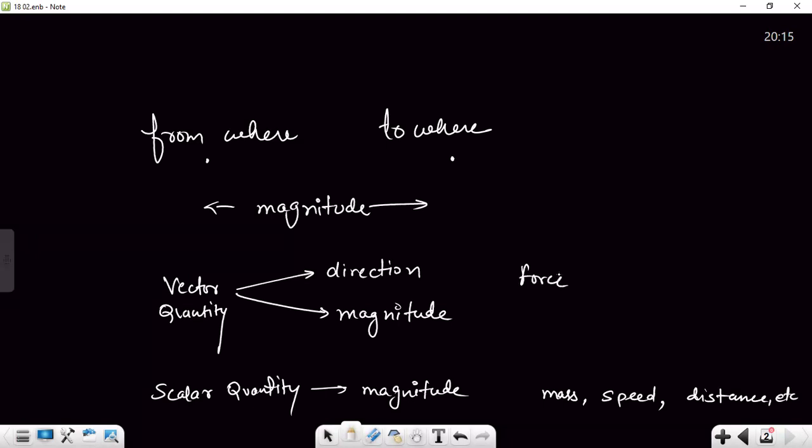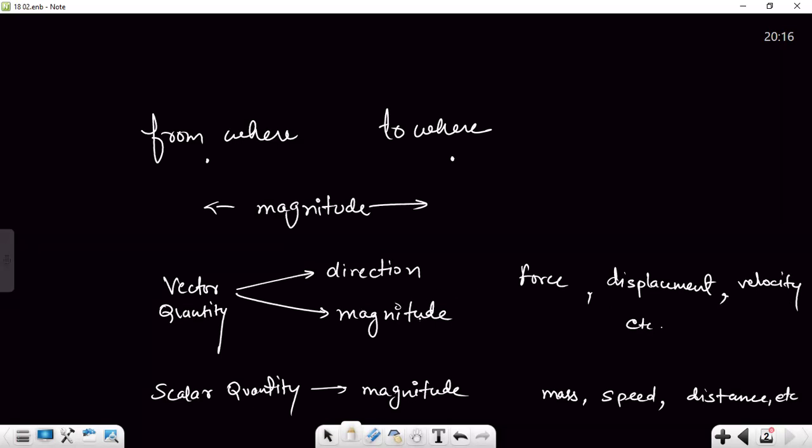We have to know in which direction I am applying the force and how much force I am applying. Displacement. What we care about is from where to where I have reached and what is the straight line shortest distance between these two points. That's displacement. So we care about magnitude and direction as well. Velocity. Velocity is the speed with direction. Simple.